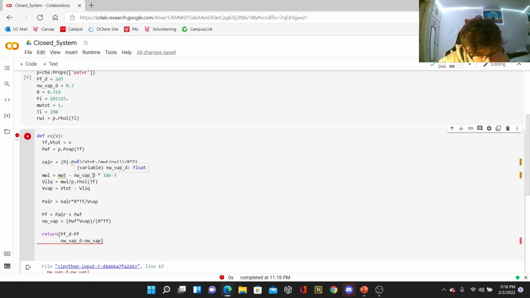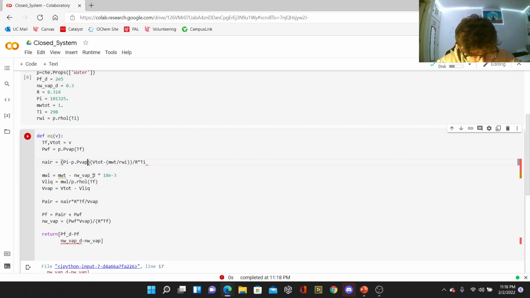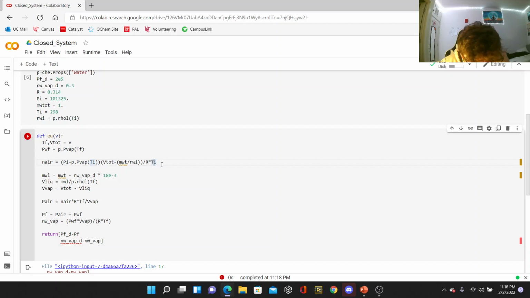Troubleshooting. So instead of this, what we're going to do is P dot PVAP at TI. And then what else we got? RWI, that's okay. V total, that should be okay.